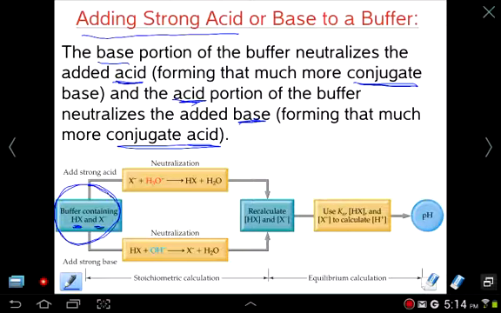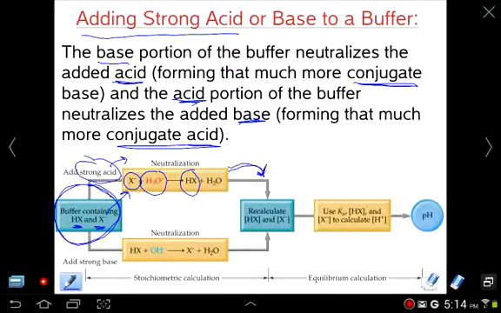Then we add some strong acid. The strong acid gets neutralized by the base portion of the buffer. But in turn, anytime you neutralize a weak base, you will form a bunch of that conjugate acid. So what we'll have to do is recalculate how much acid and base we have after we've added.